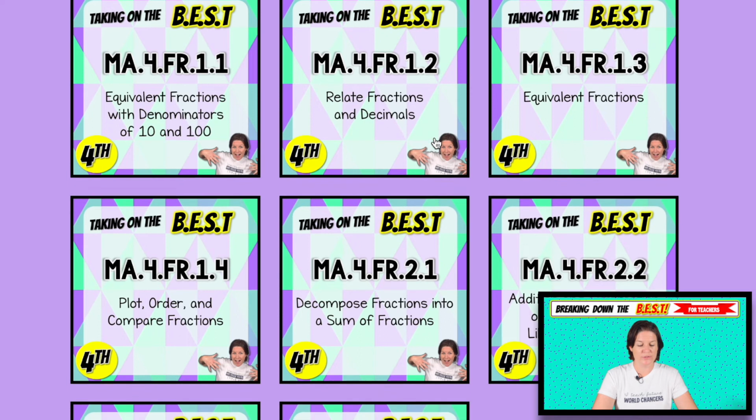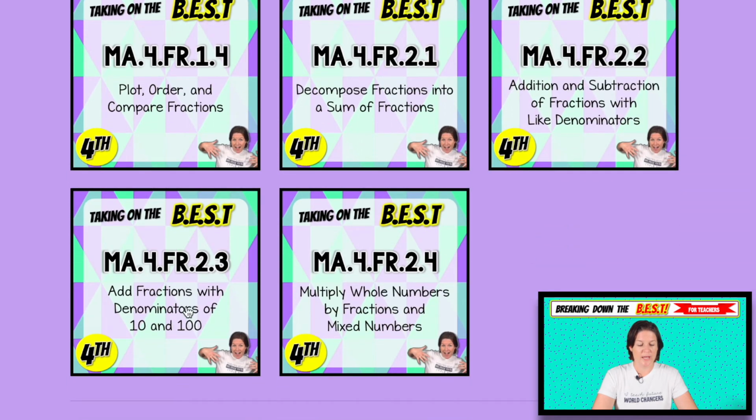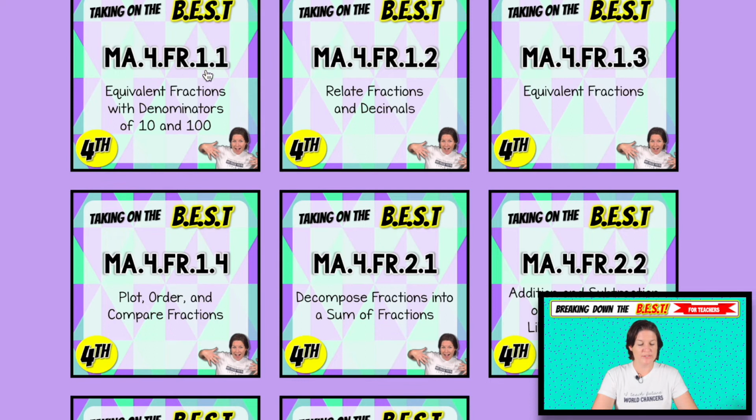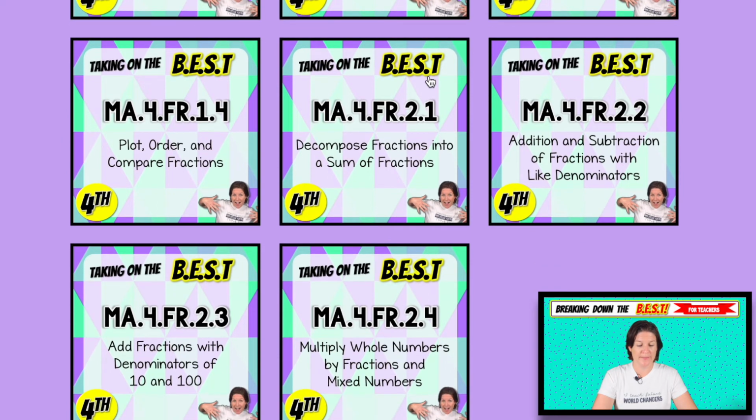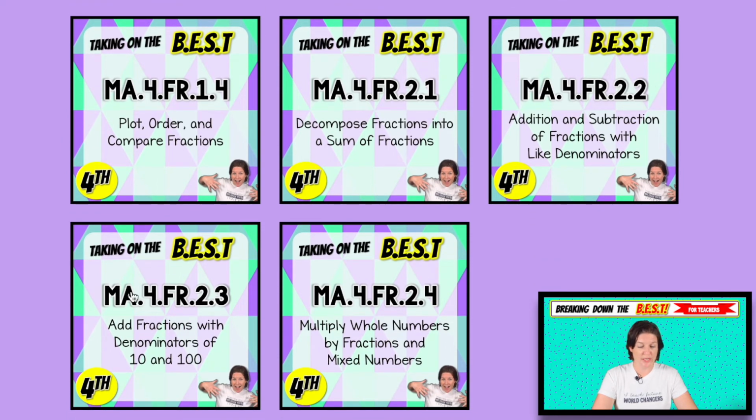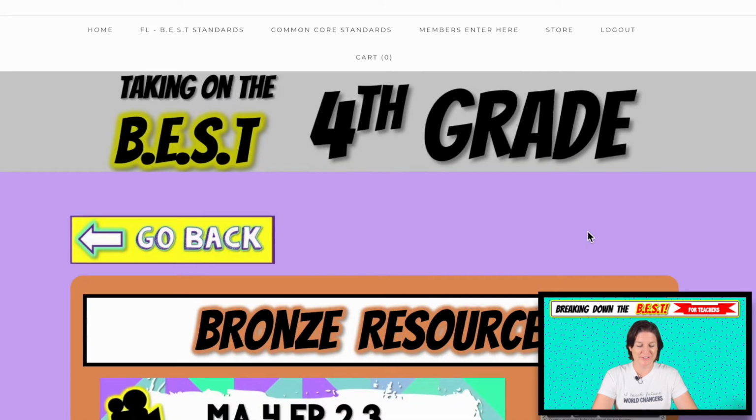So we'll click that and scroll down to add fractions with denominators of 10 and 100, 4.FR.2.3. Click that one. But if we do go back, you can see that 4.FR.1.1 definitely ties into the standard, and also 4.FR.1.2 does as well, and 2.2. So a lot of related benchmarks here.